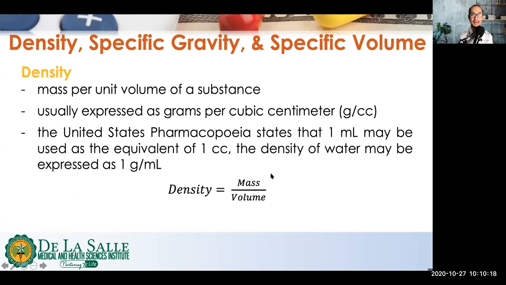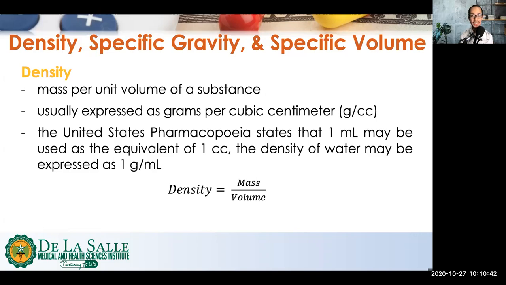Okay, for example, you can use pound for the mass, you can also use fluid ounce for the volume. Okay, you can also use cubic feet for the volume. You can use milligrams for the mass.